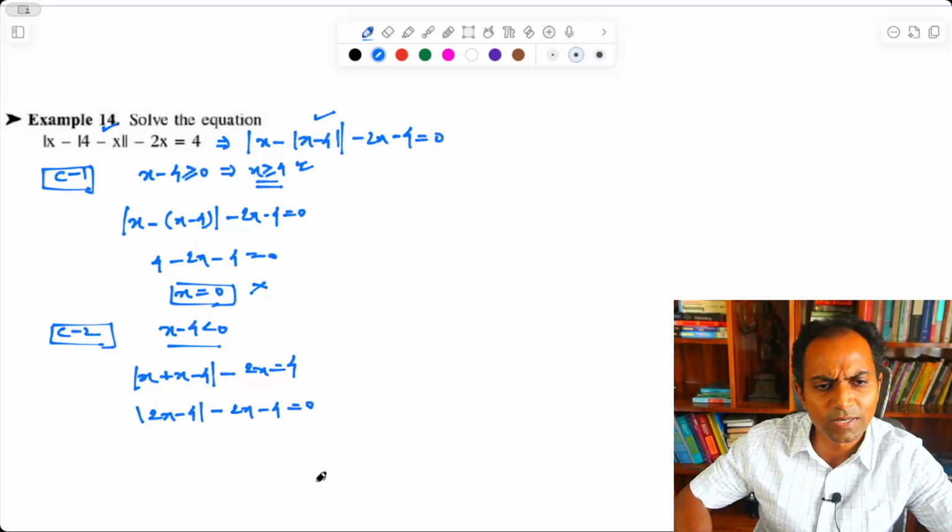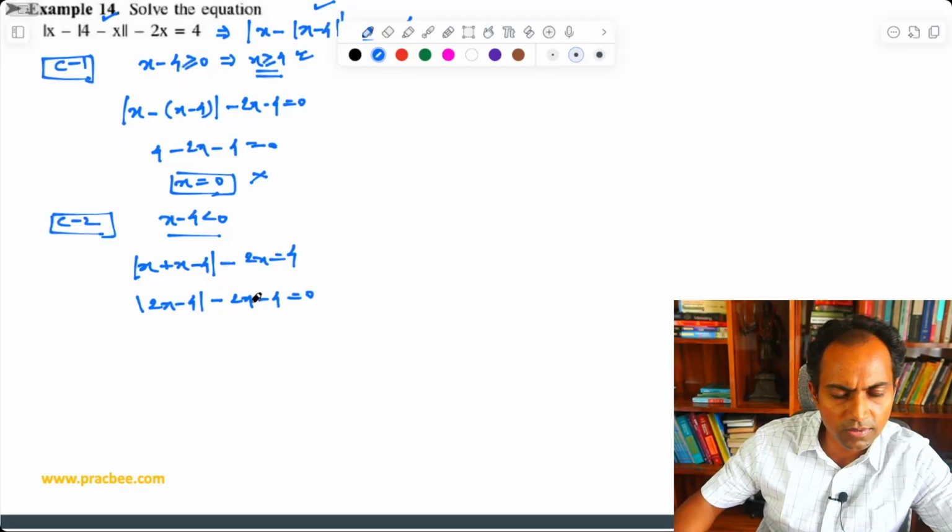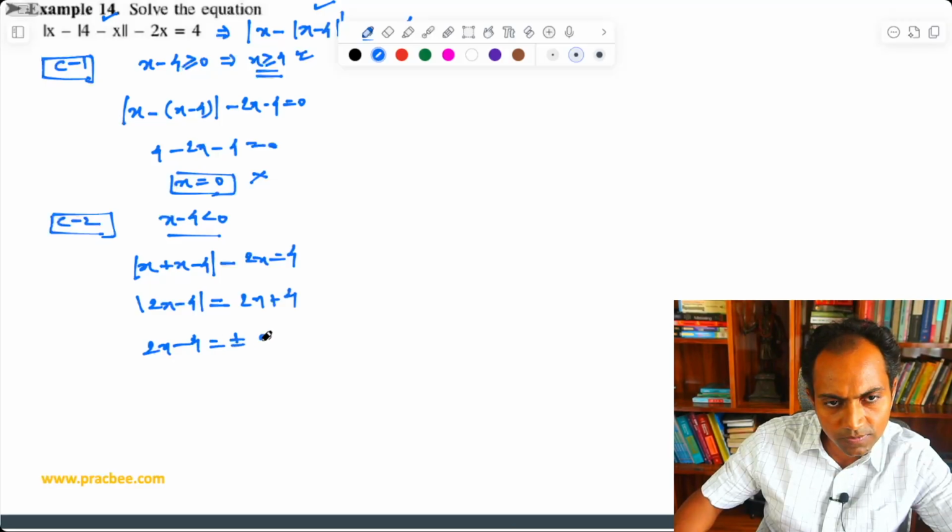Now there would be simpler techniques to solve this, but let us do it using the crudest of techniques that we did earlier. So now again, since there is one mod available, I can use my shortcut. I can open this with a plus minus sign. If you want to do it, you can take this part on the other hand side and write this as 2x plus 4 and then open with a plus minus sign. So you can write this as 2x minus 4 is equal to plus minus 2x plus 4.